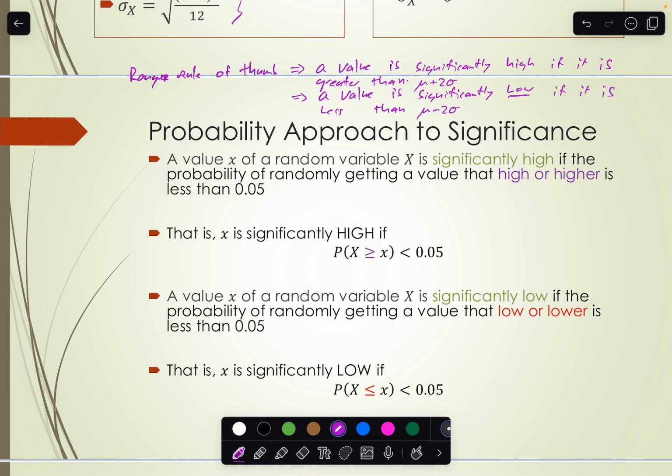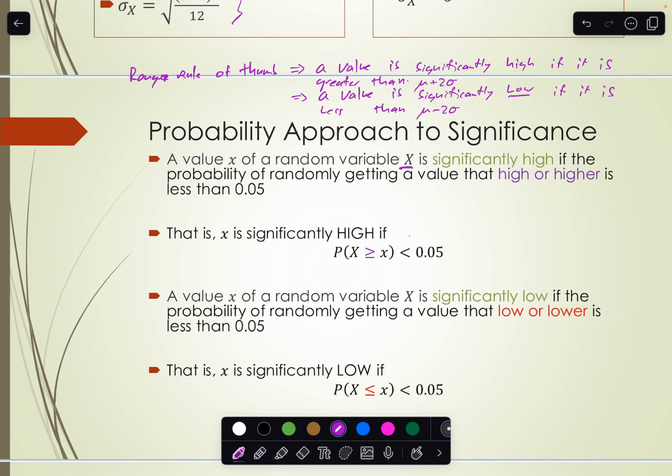Another way you can think about significance is that the likelihood of finding something that is as high or higher is less than 5%. If that's the case, then we're also going to refer to that as significantly high. A value x of a random variable is significantly high if the probability of getting a value that is as high or higher is less than 0.05.